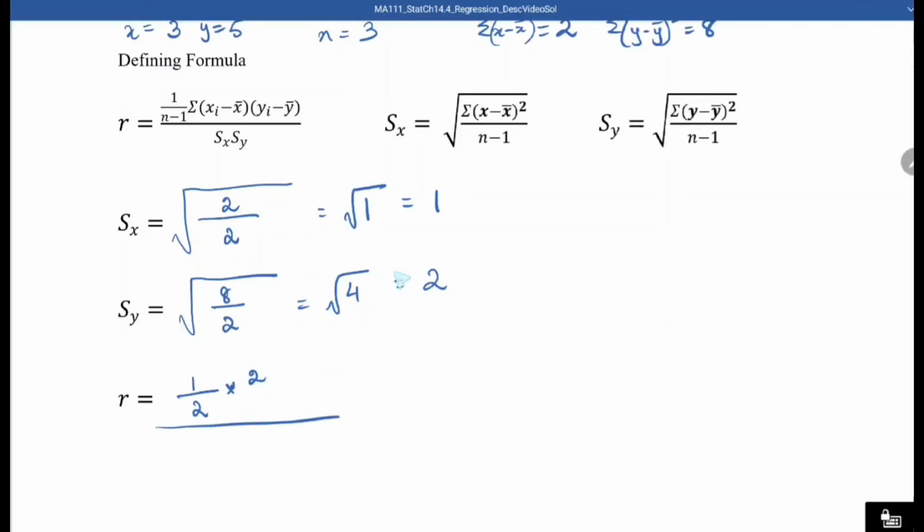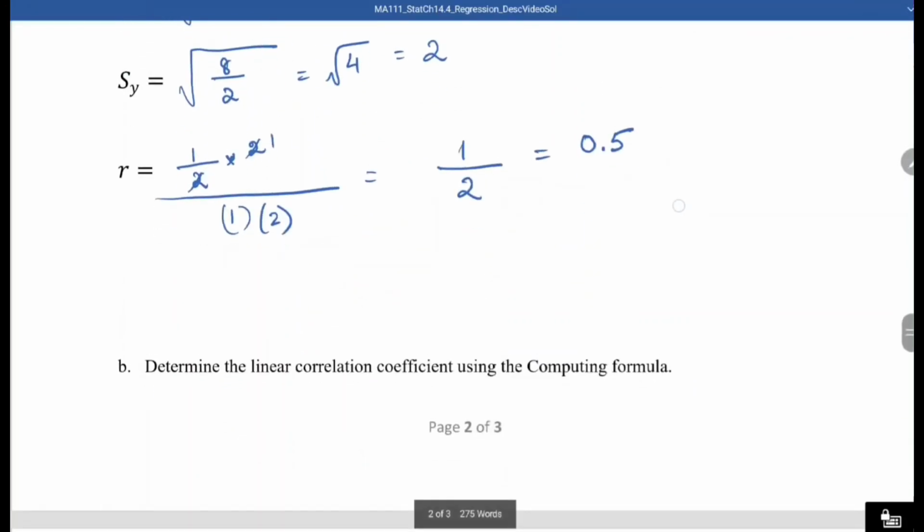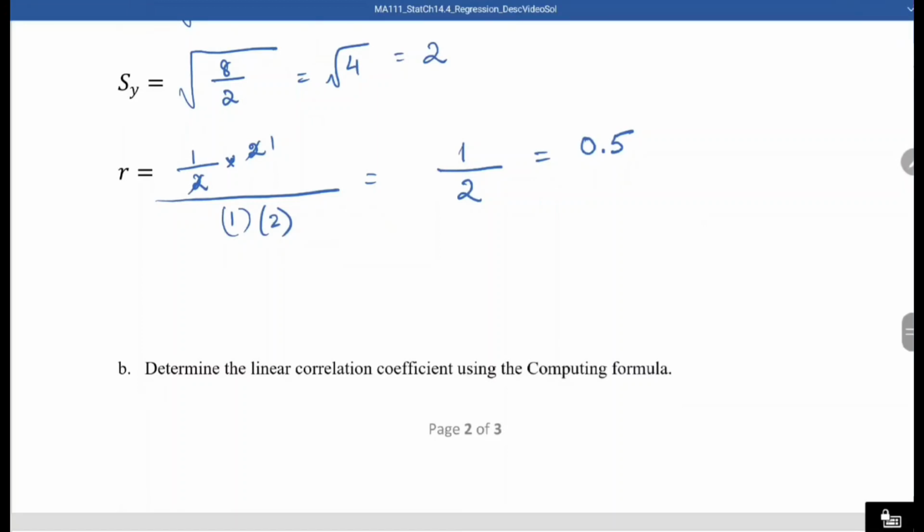And in the denominator, we just multiply s sub x and s sub y, so it's 1 times 2. When you do the calculation, we get 1 in the numerator and 2 in the denominator for an r value of 0.5. So that's the value of r calculated.